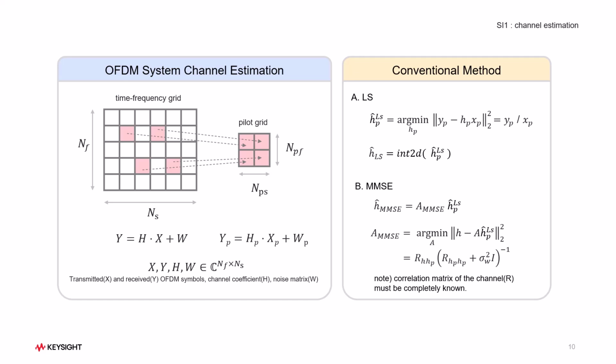It is simple but less robust to noise and fading. Minimum mean squared error is a more sophisticated method. It estimates the channel using the MMSE estimator, minimizing mean squared error while accounting for noise. It typically offers better accuracy, but with higher computational complexity. The choice depends on system requirements.